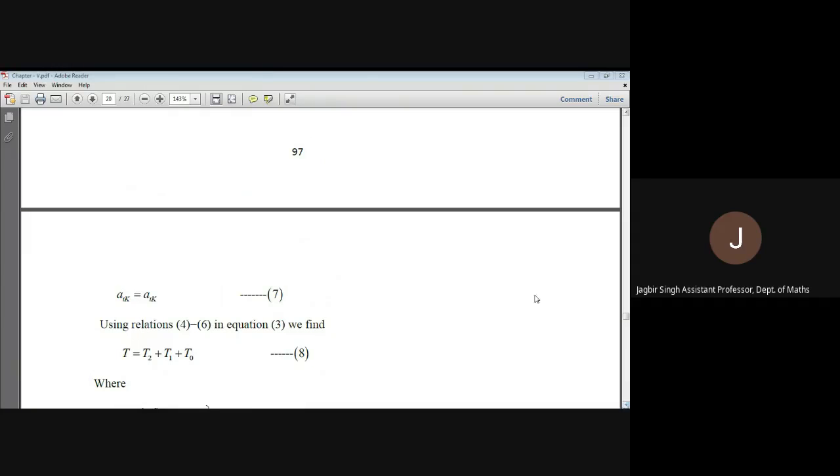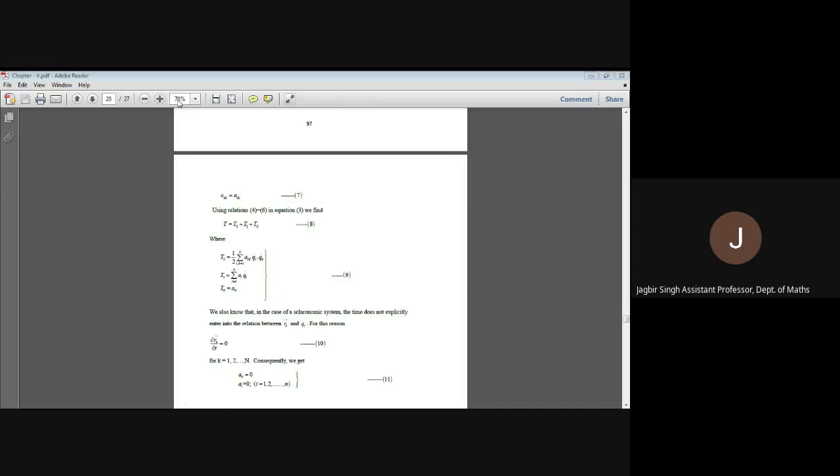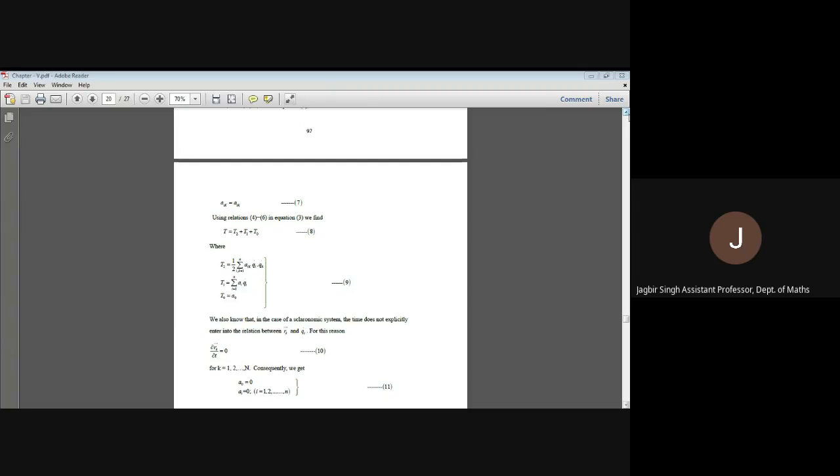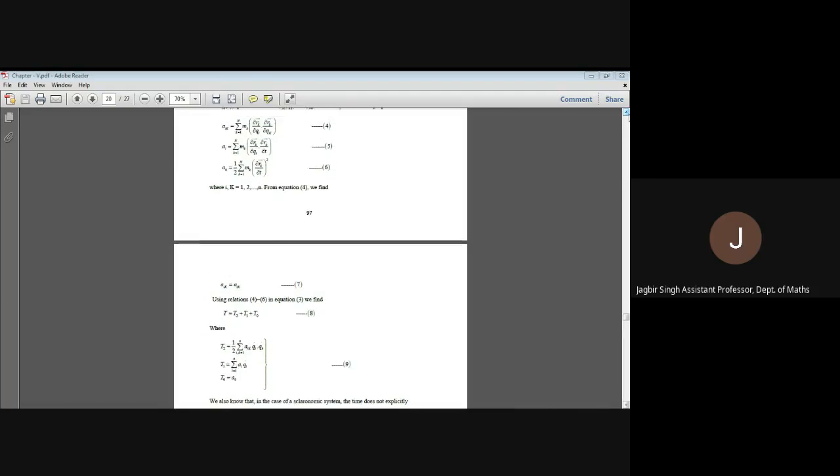T is equal to T2 plus T1 plus T0. What is T2? Let me resize it so that we will be able to see all the terms. I think it's visible to you. In equation 3, there are three terms: one is termed T2, one is T1, and the third is T0. What is T2?